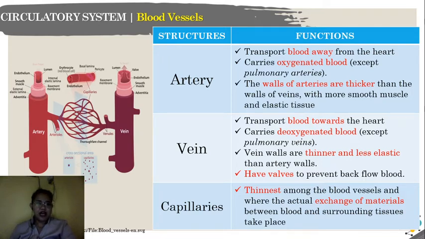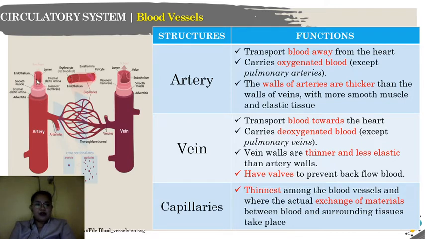exempted si pulmonary arteries. And then, so kagaya ng binanggit ko sa inyo kanina, yung walls ng arteries are much thicker than the vein and your capillaries. Why? It is designed like that kasi dahil manipis nga ito at kailangan niya pumunta sa iba't ibang parte ng katawan ng tao, yung blood na yun, kailangan ng mataas na pressure.